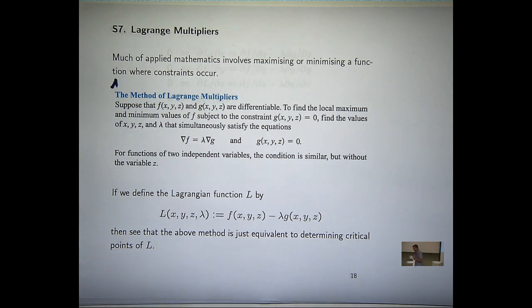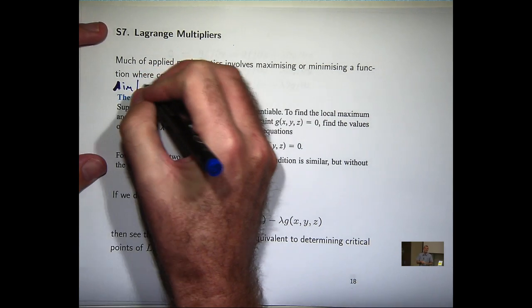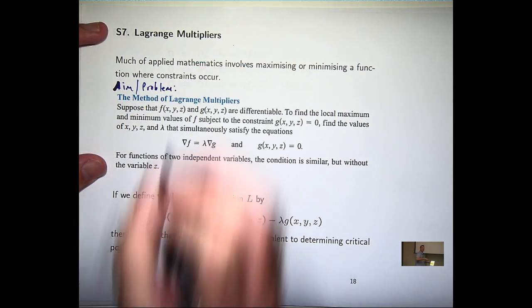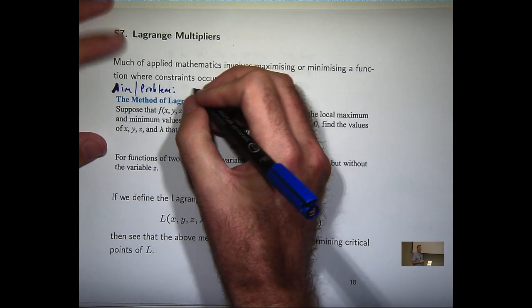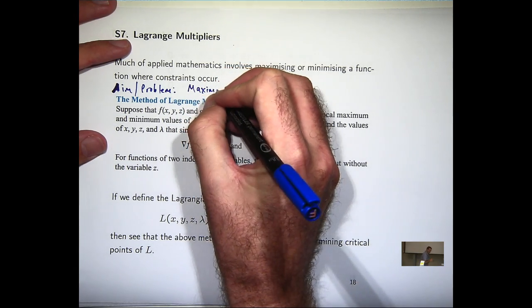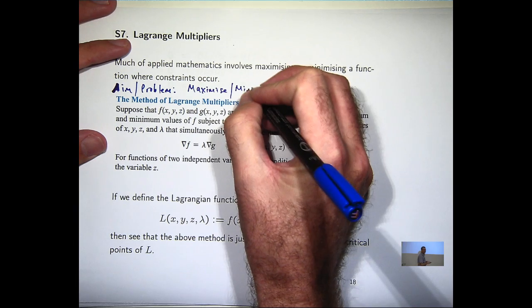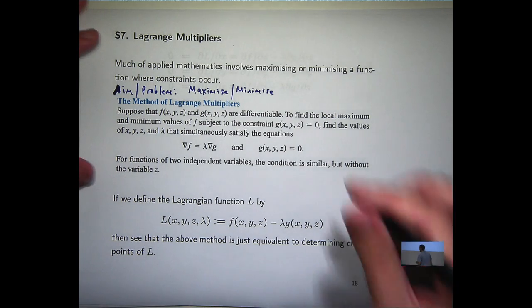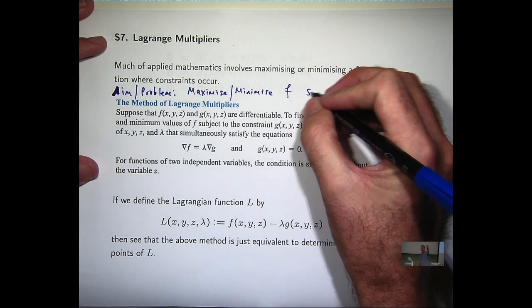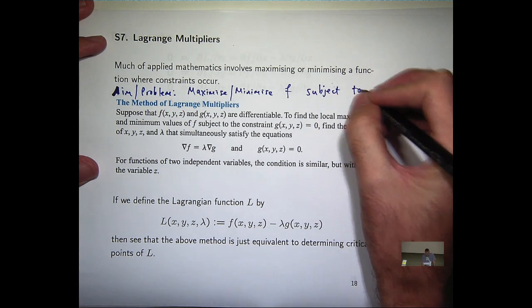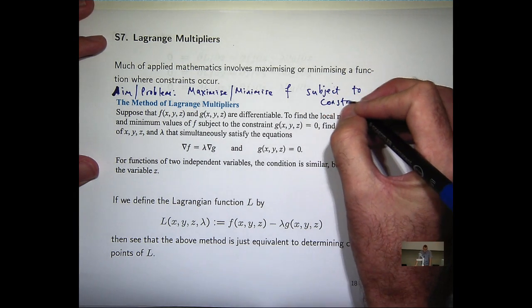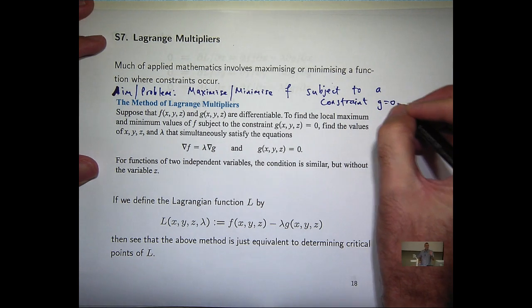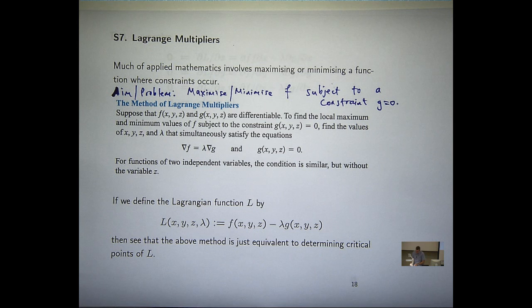The aim, or the problem, is the following. You want to maximize or minimize a function subject to some condition.